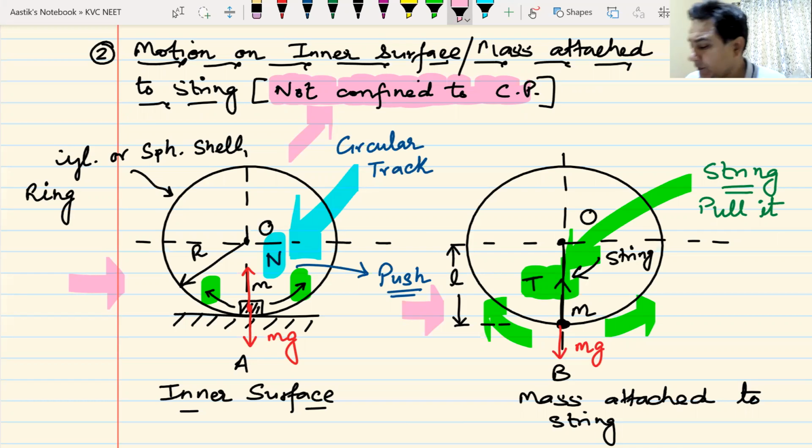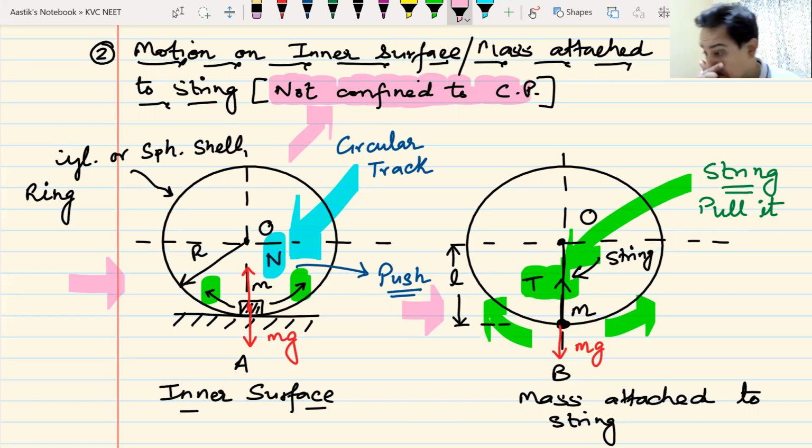Welcome back, everyone. I hope you have noted down the points that I have said already. Case A, normal reaction is going to make it move in a circular path. Case B, tension is going to move it on a circular path.